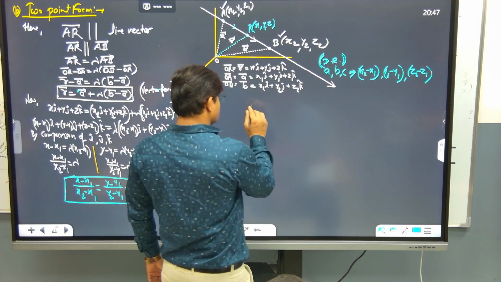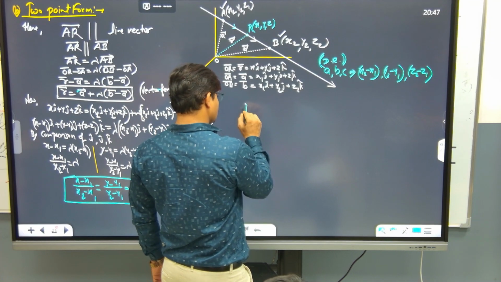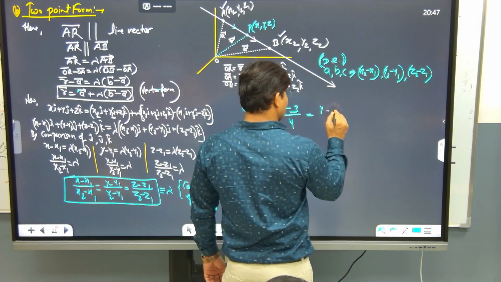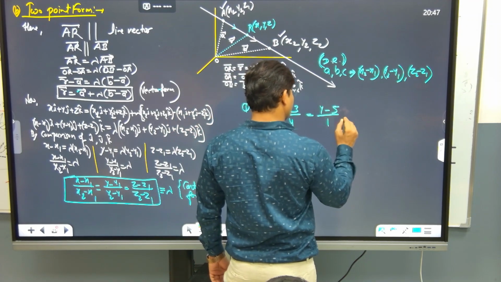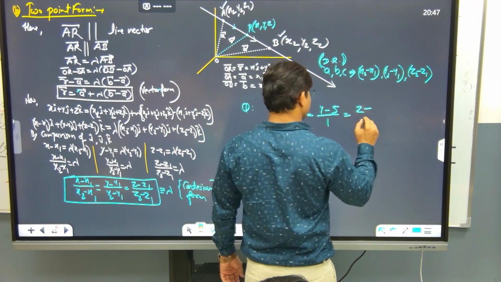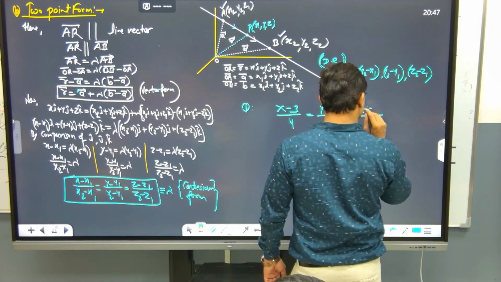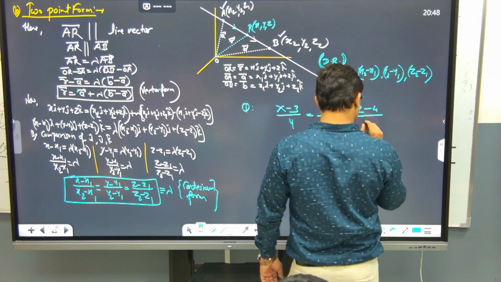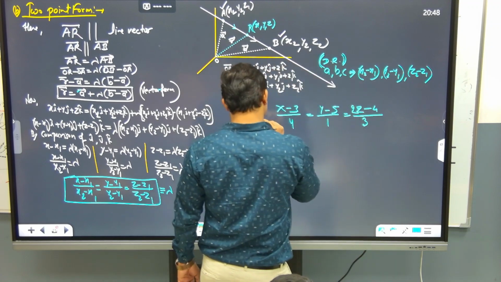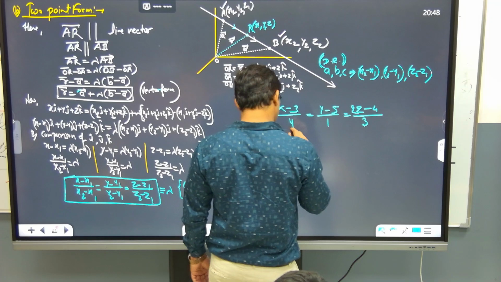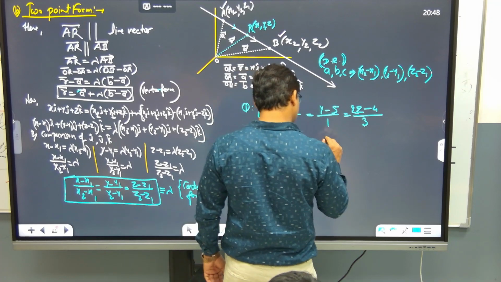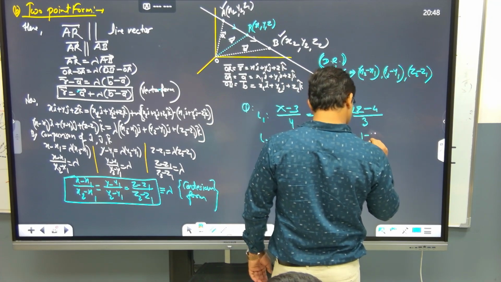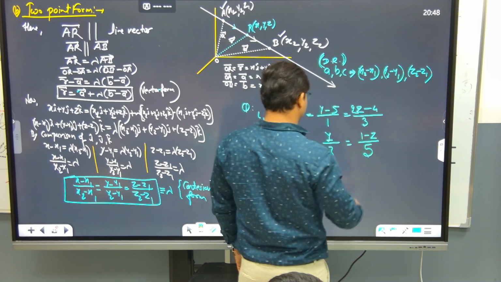Now, if one line L1 is given by (x minus 3) by 4, (y minus 5) by 1, (z minus ...) and L2 is given by x by 2, y by 3, (1 minus z) by 5.